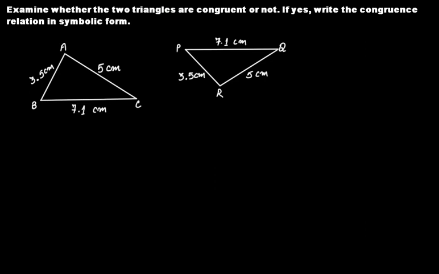So we have two triangles, triangle ABC and triangle PQR, and the sides are given. We can clearly see here that side AB is equal to side PR, and it's equal to 3.5 centimeters.